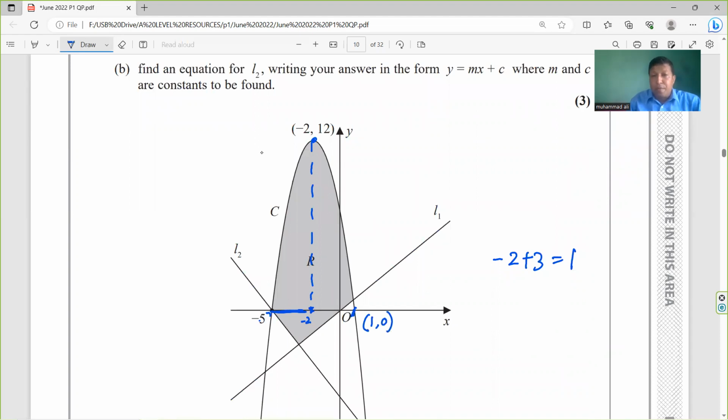We have to remember this properly: a quadratic curve is always symmetric, as the maximum point is at x equals -2. So from here to here, the distance is 3, so from -2 to the other x-intercept will be 3. So -2 plus 3 will be 1. So the curve cuts the x-axis at the point (1, 0).